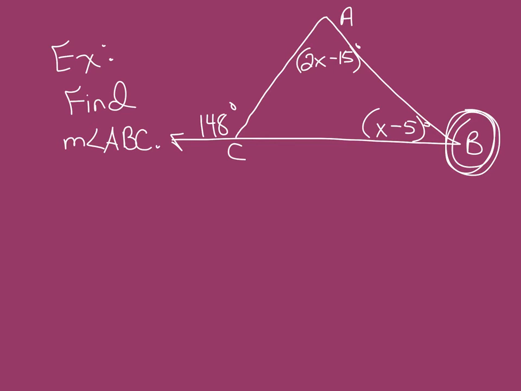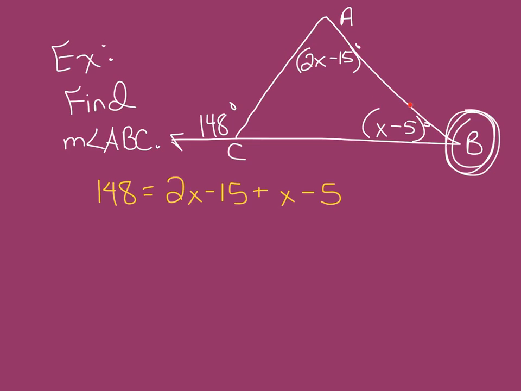Okay, so the exterior angle tells us that that angle is 148, and it is equal to the sum of the two remote interior angles. So A and B are your two remote interior angles.